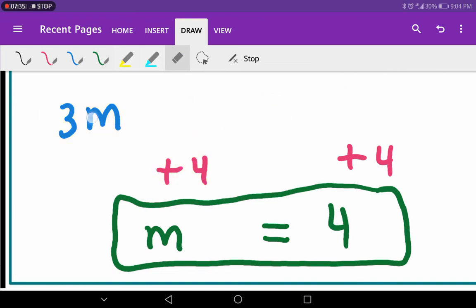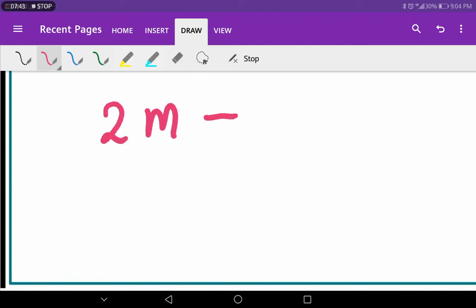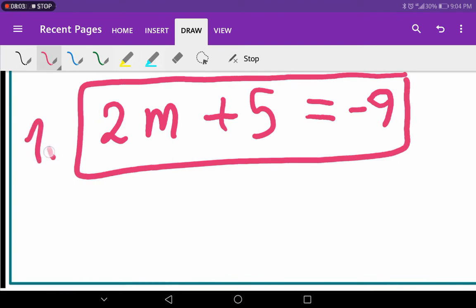Now please, I will ask you to do this for me. Okay, and write your answer in your comments. So this is question number 1. It is your project to write the answer in your comment.